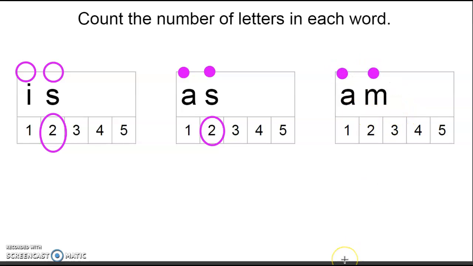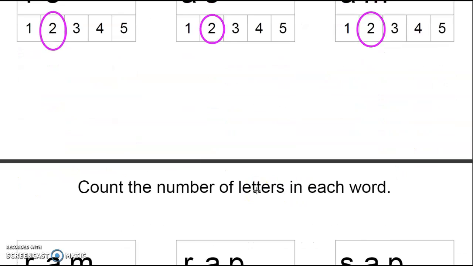A-M spells am. How many letters are in the word am? Let's count. 1, 2. There are 2 letters in the word am. If you're looking at your screen, we have 1, 2, 3 words, and they all have 2 letters in them. Very good.